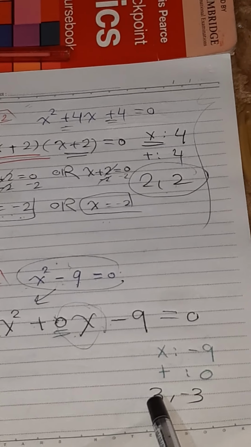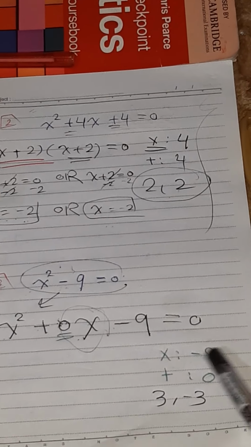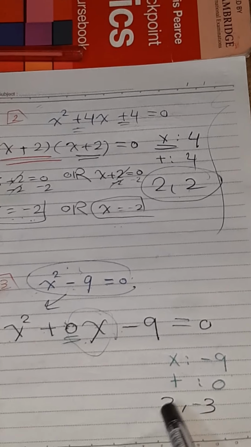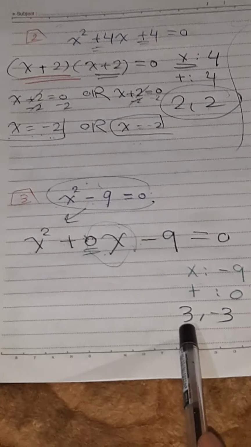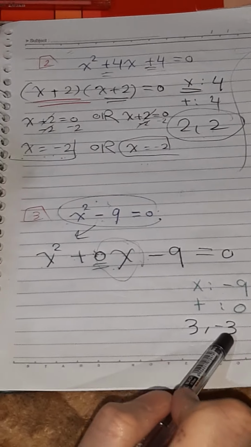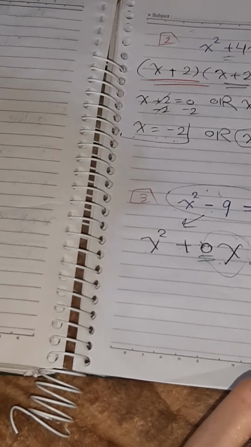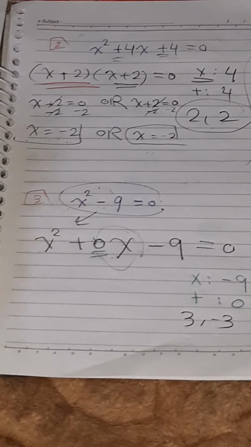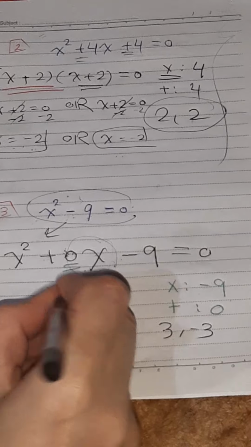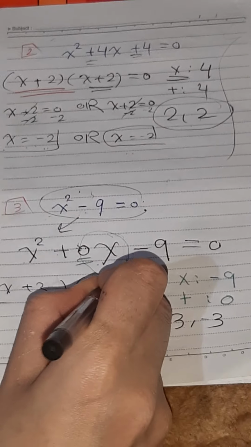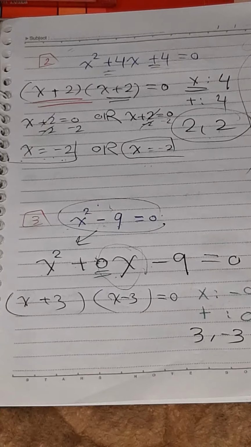Here 3 times negative 3 is negative 9. Then negative 3 plus 3 equals 0. It is the same thing, but one of them is positive, the other is negative. If you add them, you get 0. If you multiply them, negative 9. So here, factorize now: x plus 3 and x minus 3 equals 0.